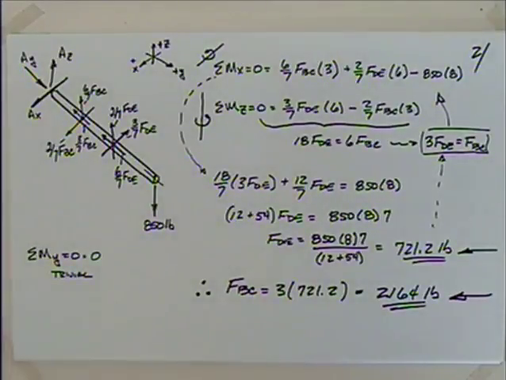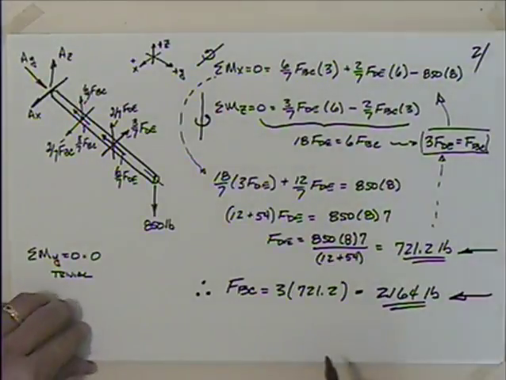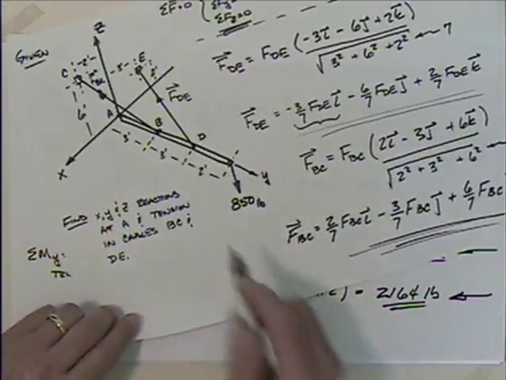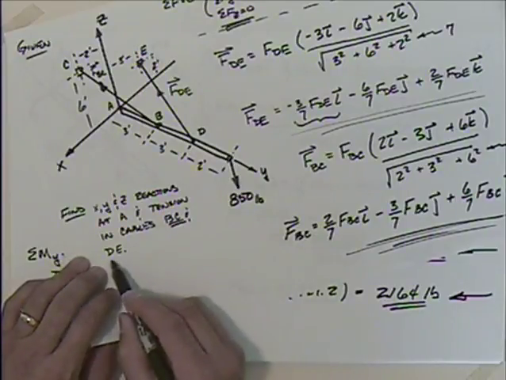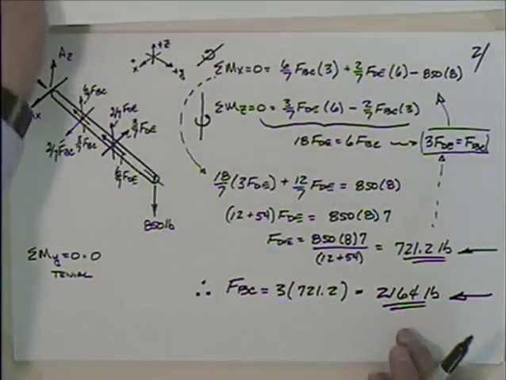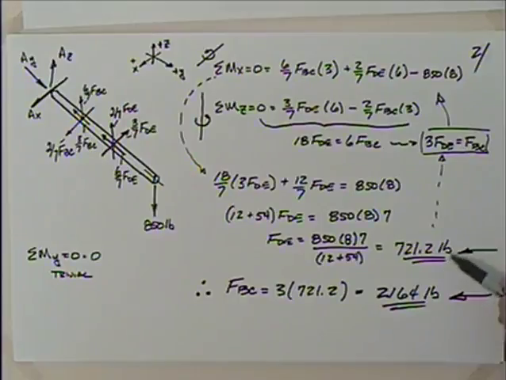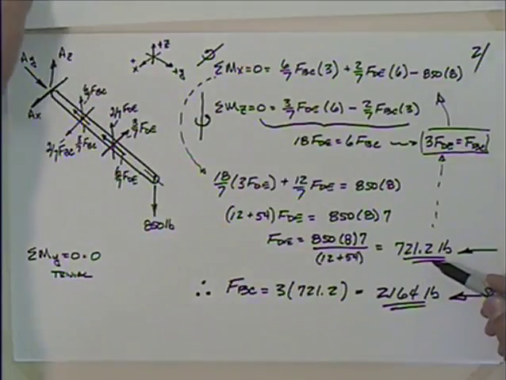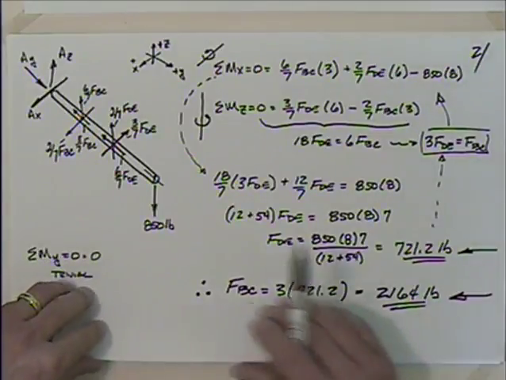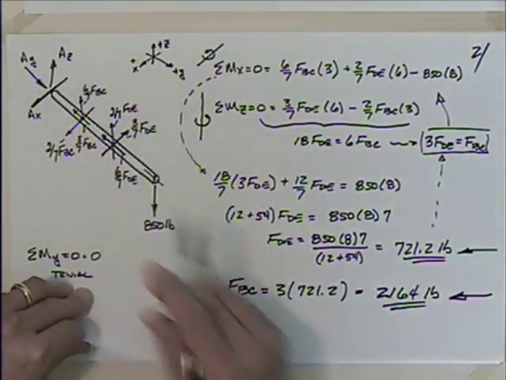Yeah. So we found the tension in cables BC and DE. Good. And while they were the same length, they had drastically different amounts of load in them. So now we're looking for AX, AY, and AZ.